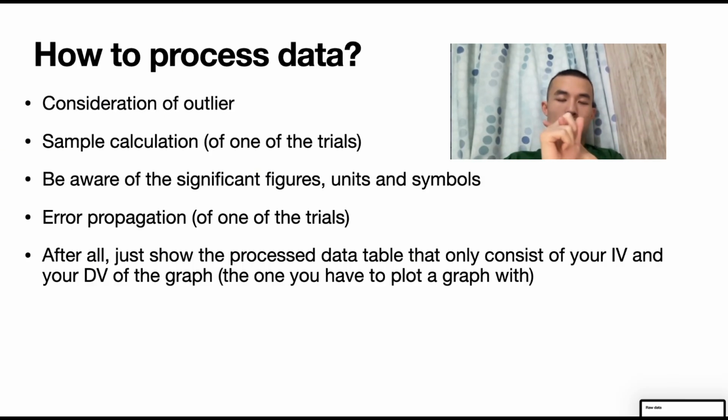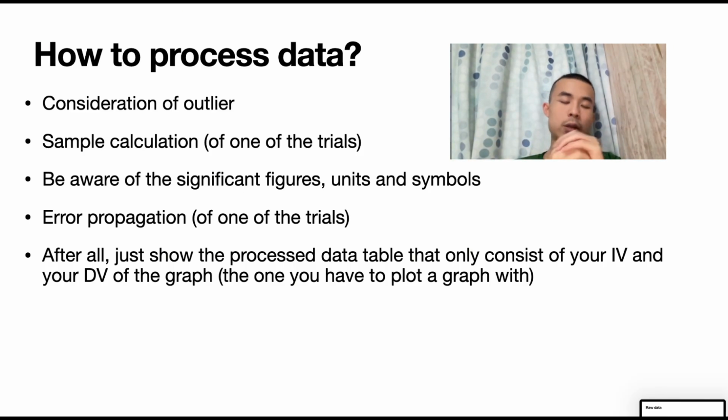maybe one of the rate of reaction investigations is how do you find the rate constant from measuring the time used to collect 10 cm cube of hydrogen gas. Now, in this case, the raw data is the time required to get 10 cm cube of gas.